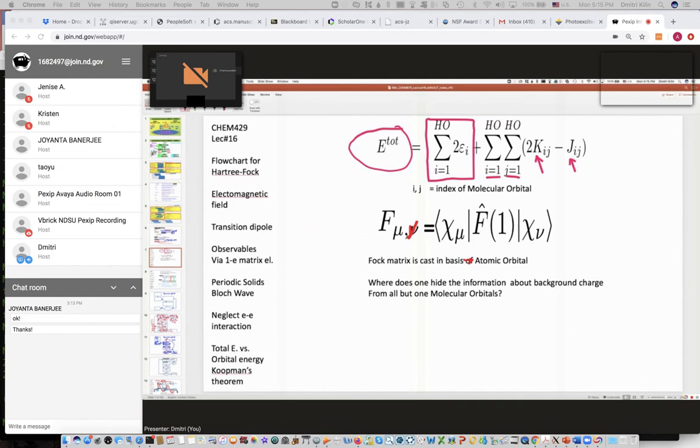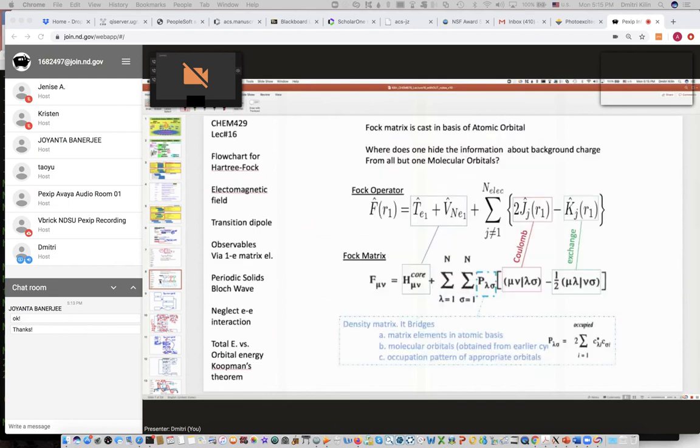And the equations that are being solved are related to diagonalizing the so-called Fock matrix, which includes this Coulombic interaction between different atomic orbitals residing on different atoms.